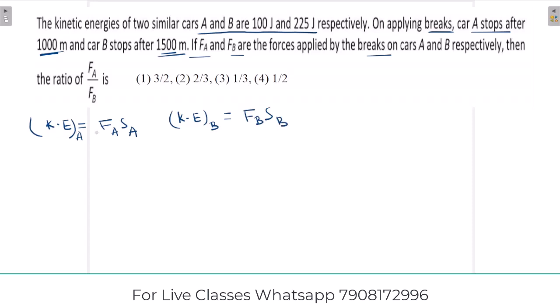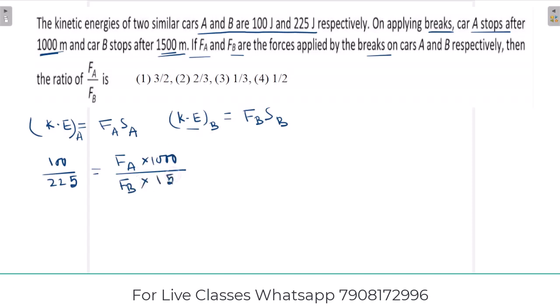Now we divide kinetic energy A by kinetic energy B. Kinetic energy of A is 100 joule and kinetic energy of B is 225 joule, which is equal to FA into SA over FB into SB. Car A stops after 1000 meters, so SA is 1000, and SB is 1500 meters.